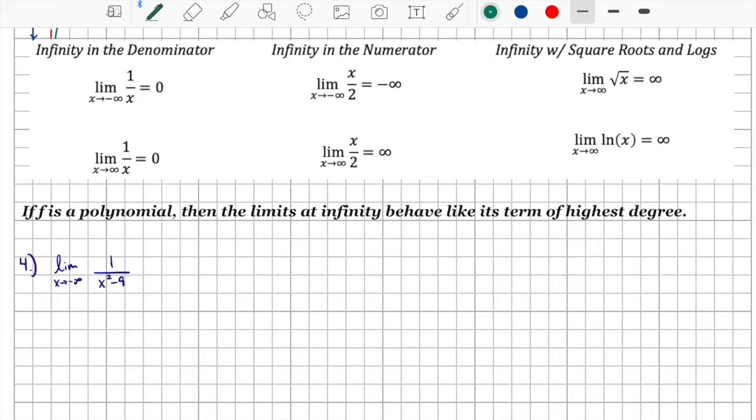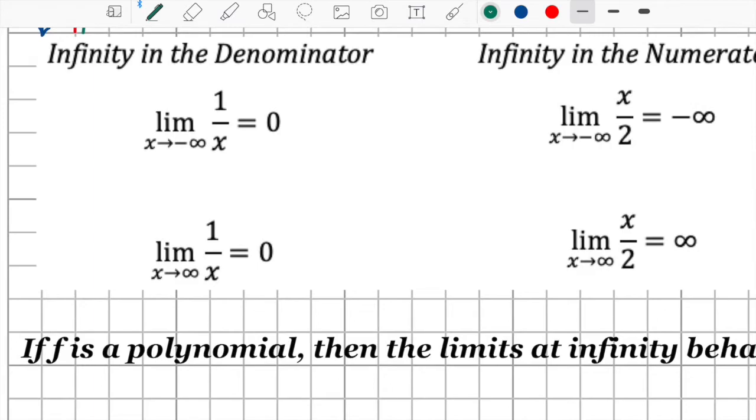So now we're going to look at limits at infinity. But before we do some problems, let's look at this. If you want to take the limit as x approaches negative infinity or positive infinity, and infinity is in the denominator, notice x is approaching negative infinity. That just means that it's getting very, very large in the negative direction, even though that's kind of wrong.